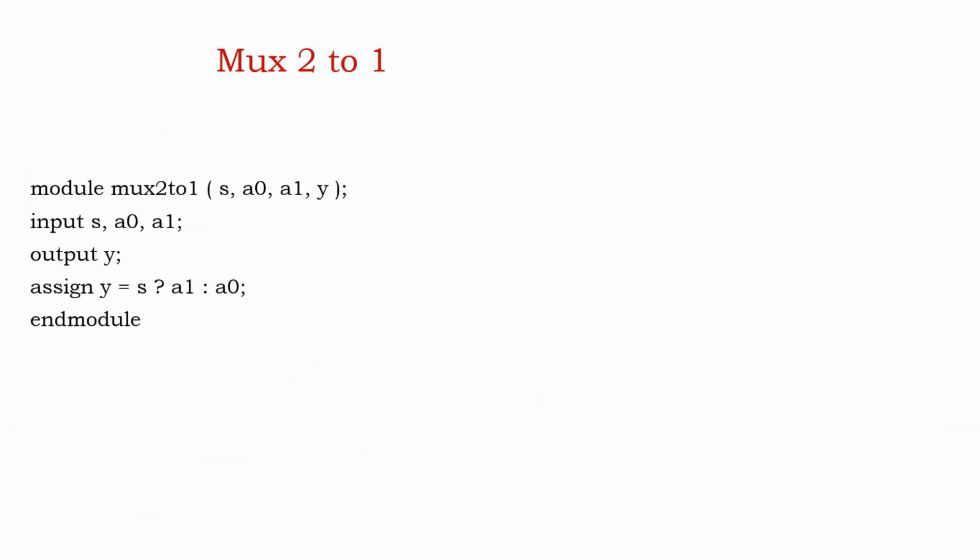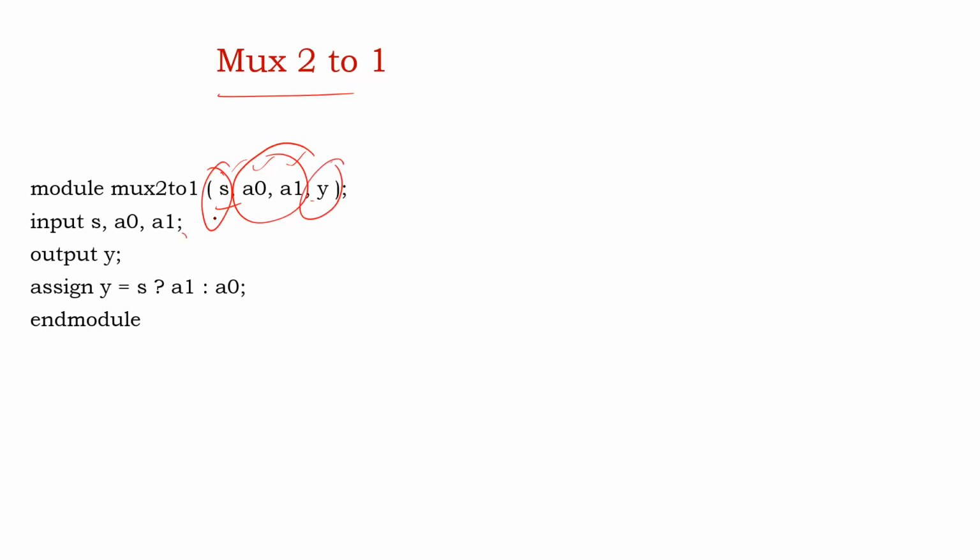Now come to the point. I am going to show you the 2 to 1 mux. Of course, we already did this. See, these are the statements: A0 and A1 are inputs, S is the select line, and Y is the output.